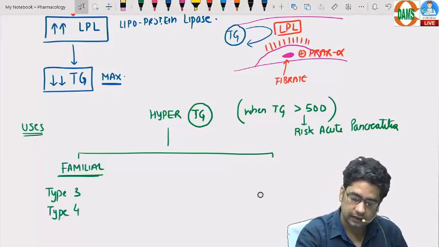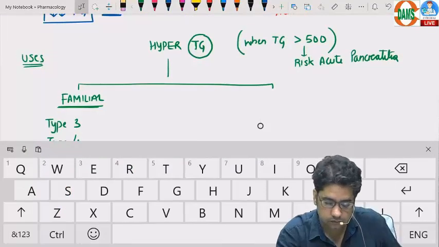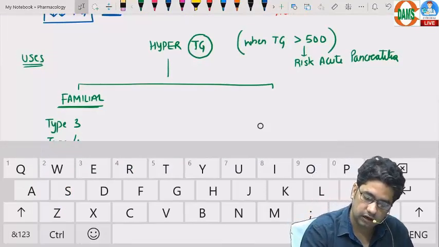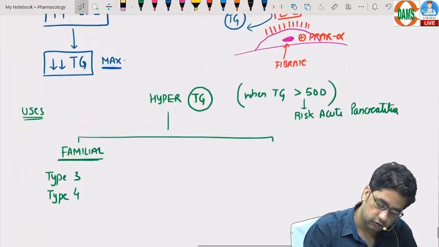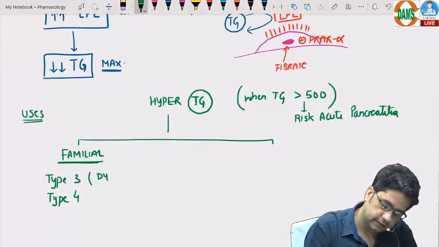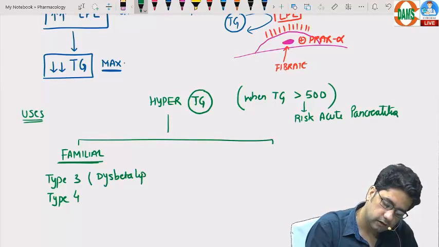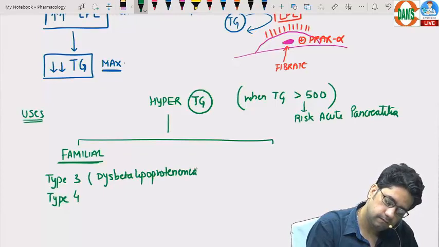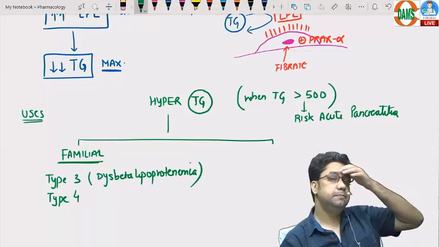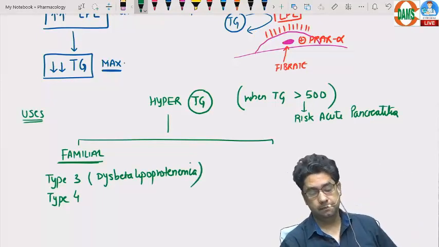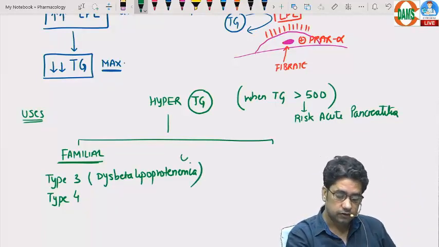This familial type 3 is also known as, we will talk about it now, beta lipoproteinemia. Beta lipoproteinemia. Remember this word, question comes.